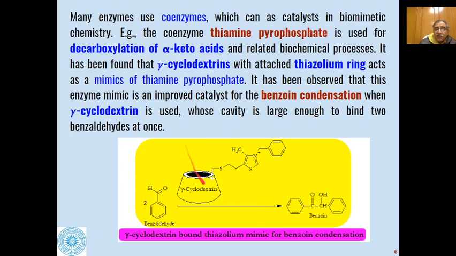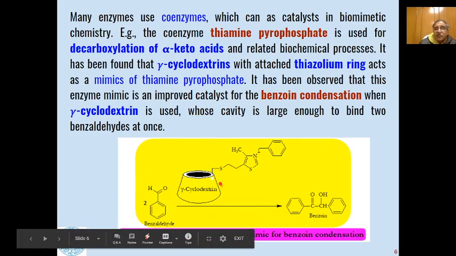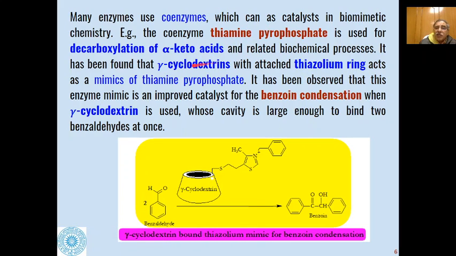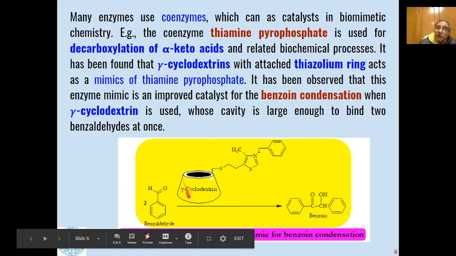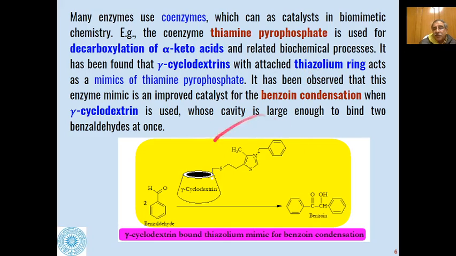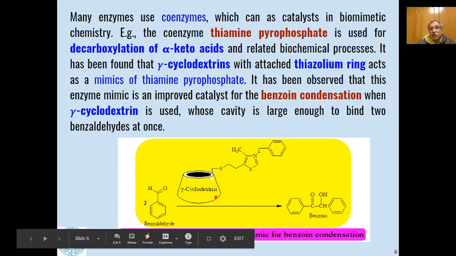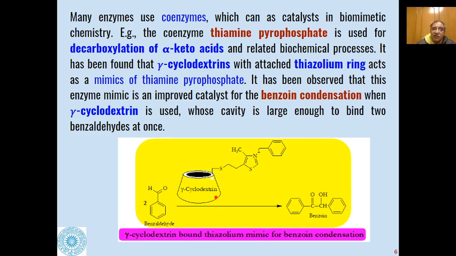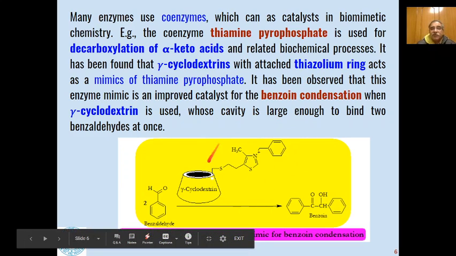The thiazolium ring is present in thiamine pyrophosphate. So we can produce mimics of this coenzyme by attaching thiazolium rings to the gamma cyclodextrins, and they will act as mimics of thiamine pyrophosphate.